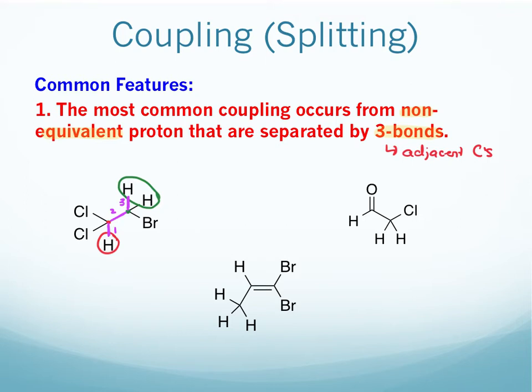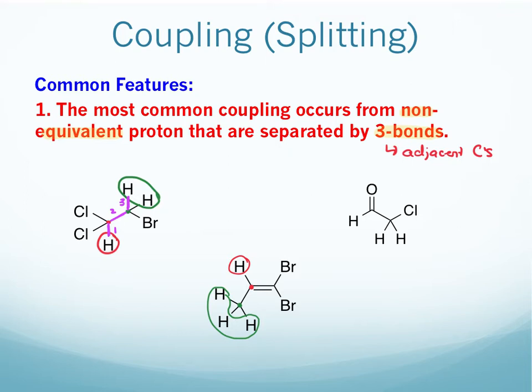Likewise, if we come down here to the compound that has the alkene, we have the neighboring carbons here and here. So we would expect the proton on the alkene to couple with these 3 on the carbon.